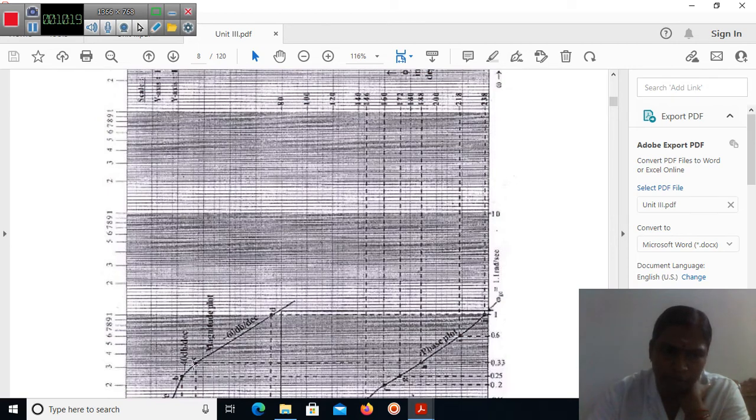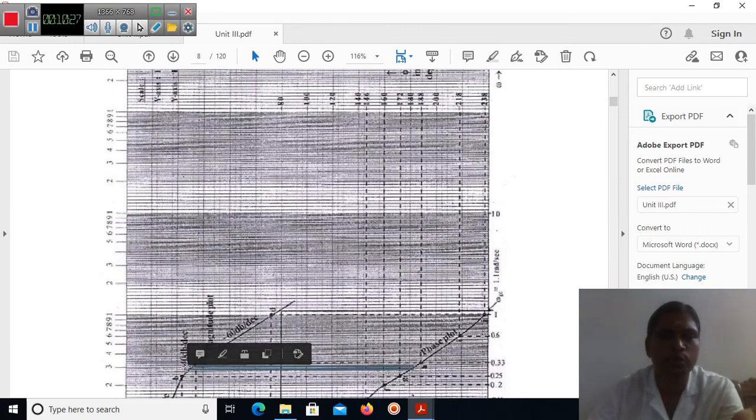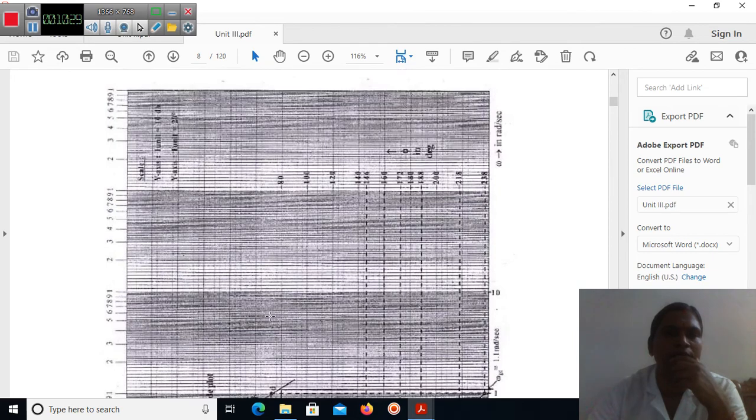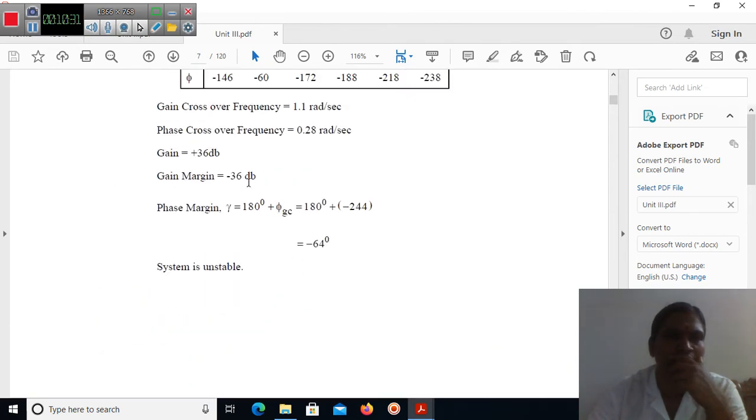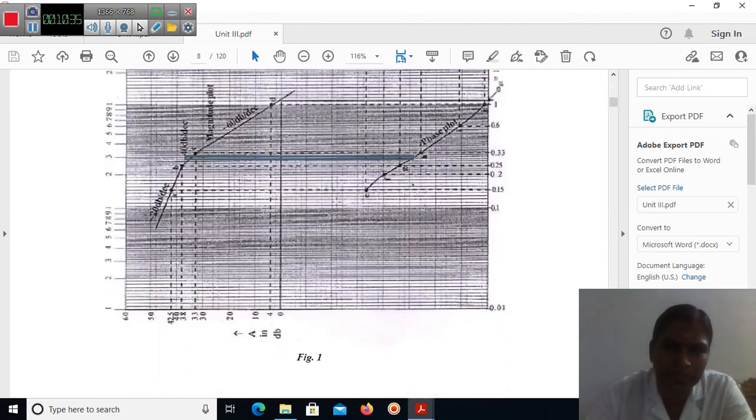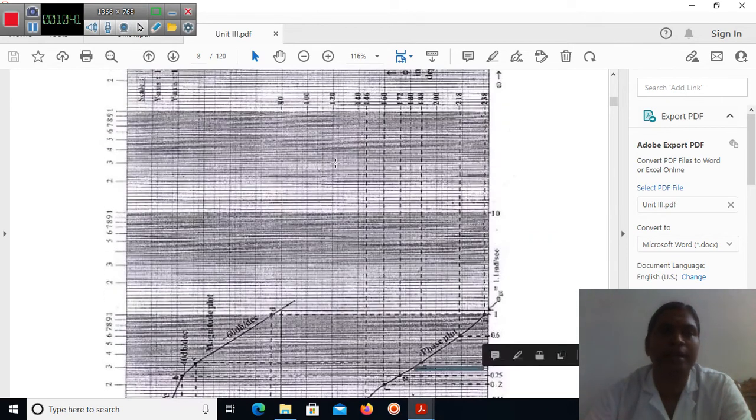At that point, that value is called the phase crossover frequency. It is 0.28 radian per second. Here this is 0.25 and this line is 0.28.